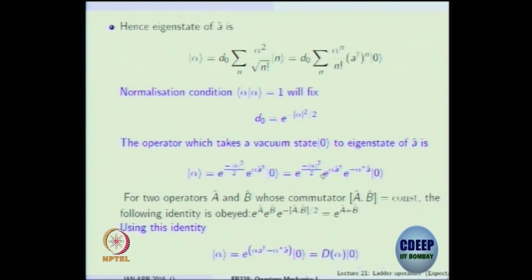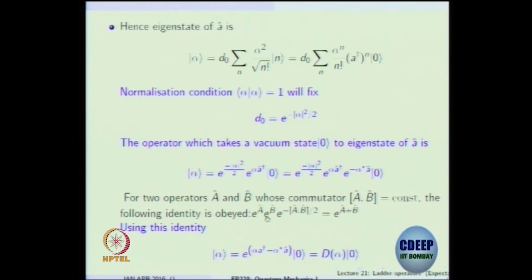So you can check, if you take this alpha star with a negative sign, then you will get this as a commutator, and you can rewrite the alpha state very compactly as the exponential of a sum of two operators. This is not the same as e to the A times e to the B. E to the A plus B is not the same as e to the A, e to the B. When will it be the same?